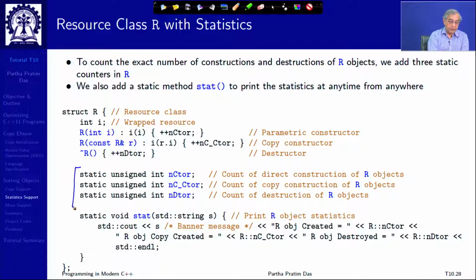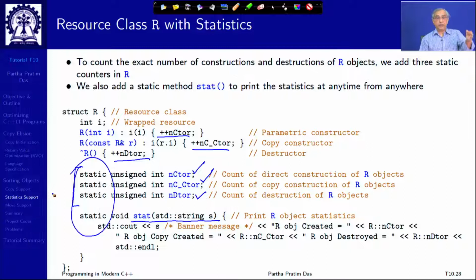I put some counters to count the number of times the direct constructor is used, the number of times the copy constructor is used, and the number of times the destructor is used, and the respective counters are incremented in the respective function calls. And then I have a stat function, which prints the values of these counters at any point of time. All of these are static because they are not bound to any particular R object, but should be usable anywhere.